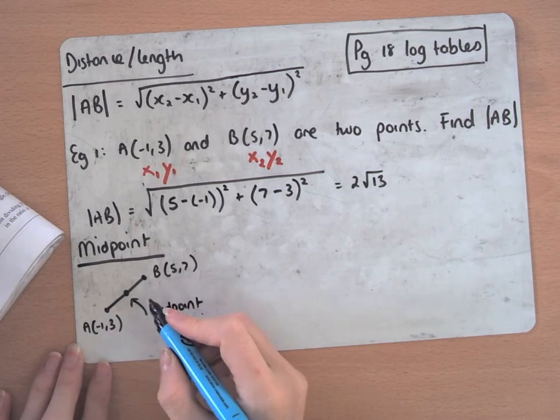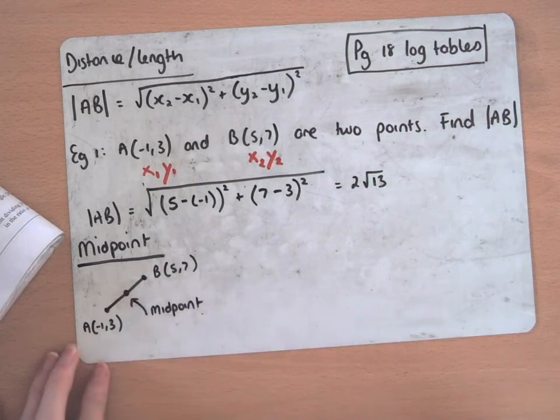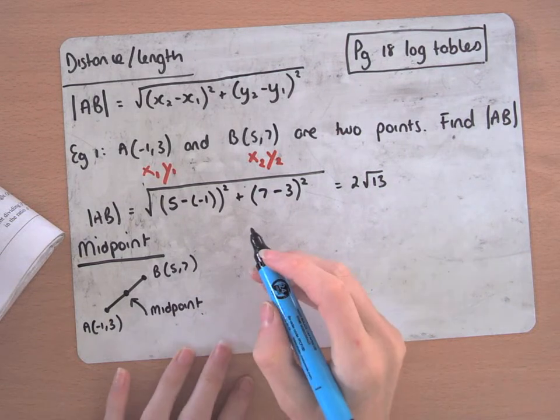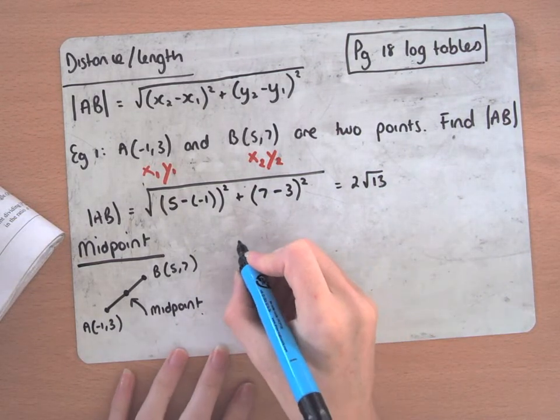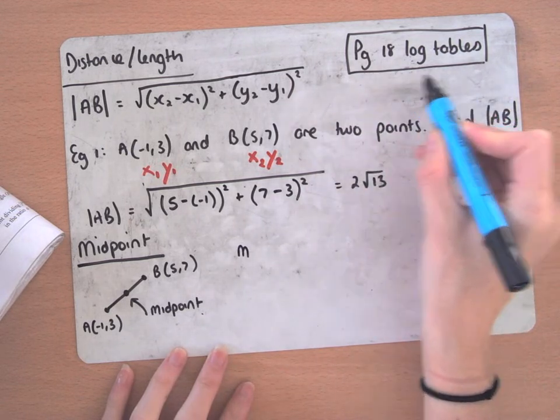So if that's my line, A and B, my midpoint's going to be in there. Often it's not very easy to read it from a diagram, so we use a formula. And this is also on page 18. All of my formulas are on page 18.